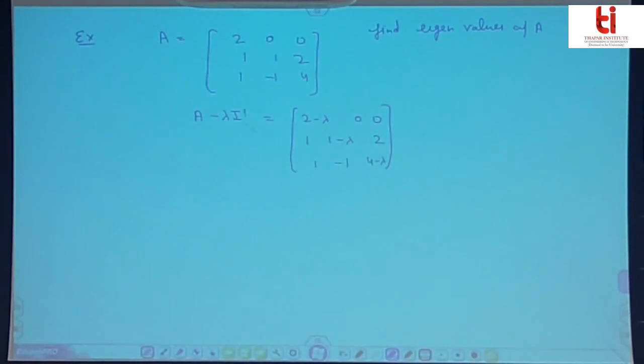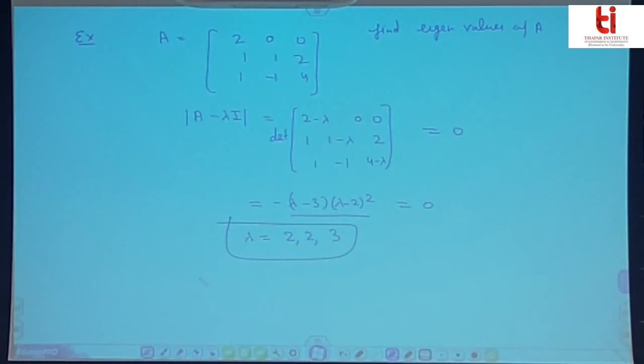Find its determinant. It is coming out to be lambda minus 3 and lambda minus 2 whole square. Setting the determinant of A minus lambda I equal to 0 gives the equation in lambda, and the values of lambda come out to be 2, 2 and 3.